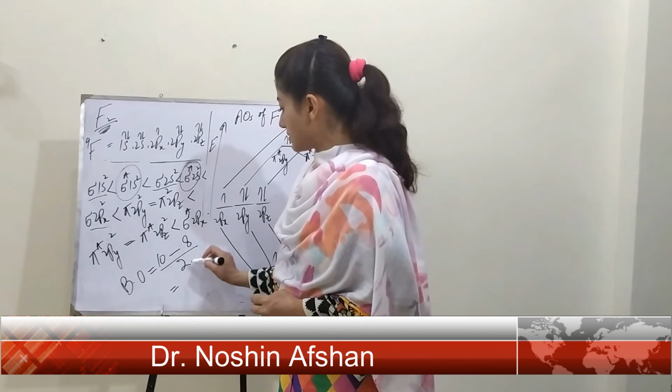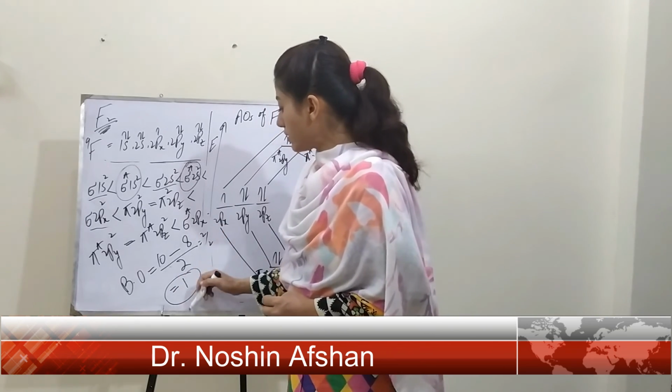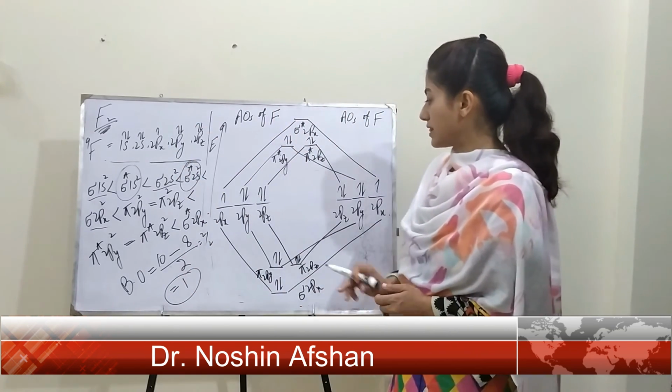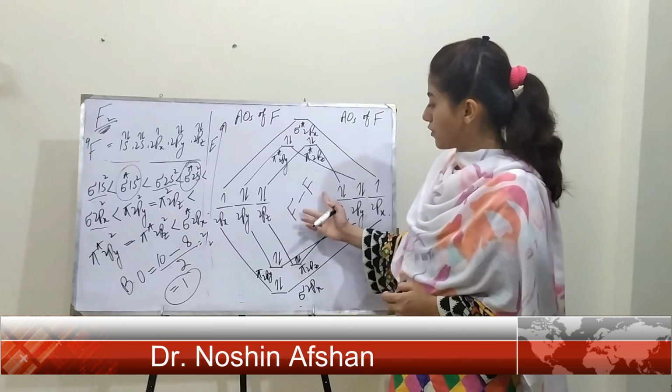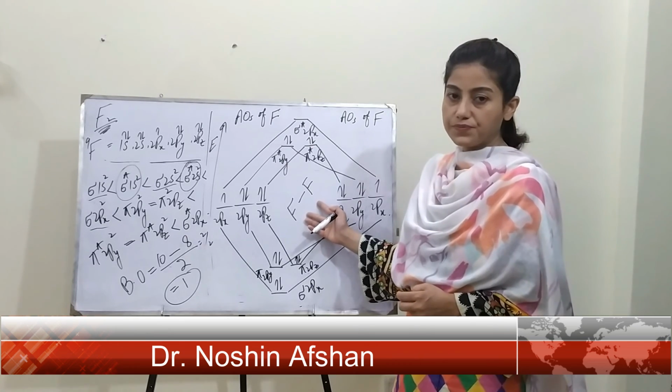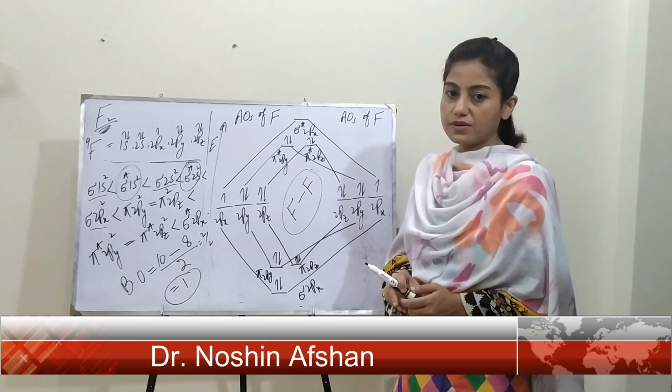So here it comes, that is 2 by 2, 1. So the bond order of the fluorine molecule is 1. That shows that it forms only one bond. There is only one bond between 2 fluorine atoms.